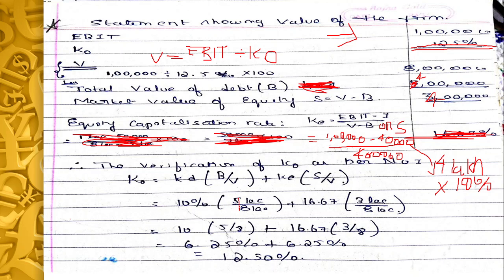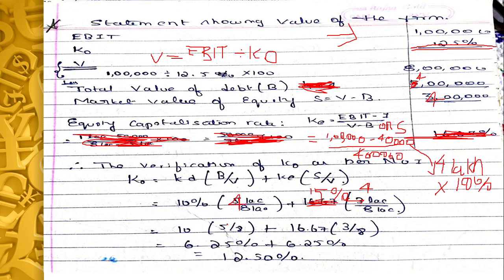Total value of B is 4 lakh. Value of the firm is nothing but 8 lakh. And KE is 15%. The value of S is 4 lakh and the value of the firm is 8 lakh.